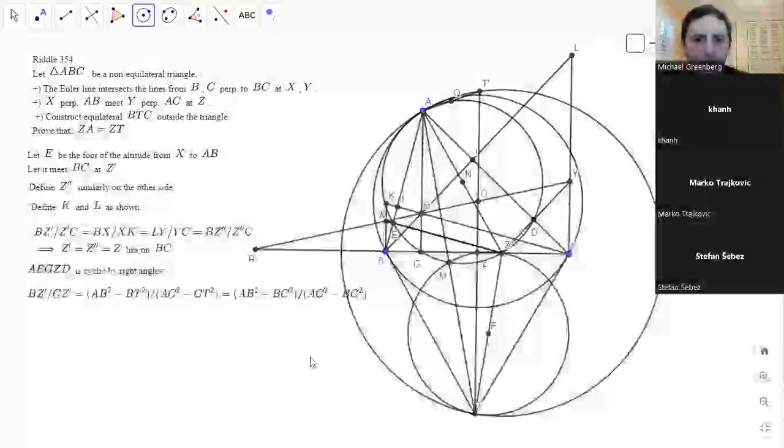So how do we calculate BX and CY? That's the question, or the ratio. We know the average of BX and CY is OF, and OF is half of AH.